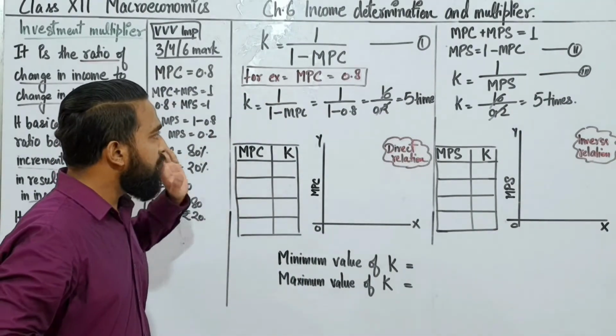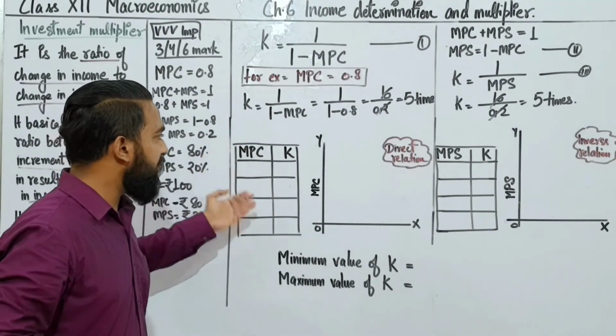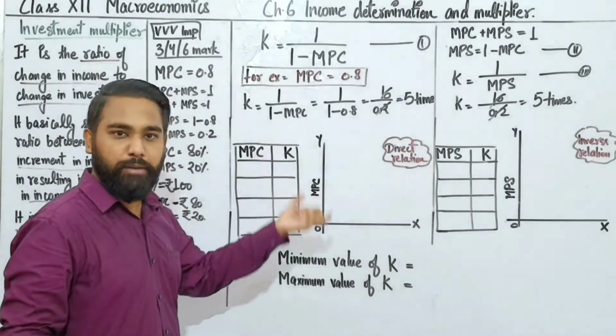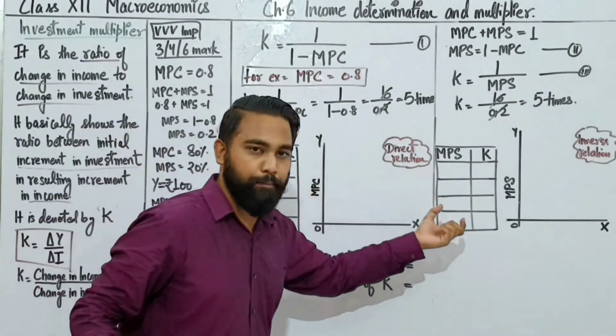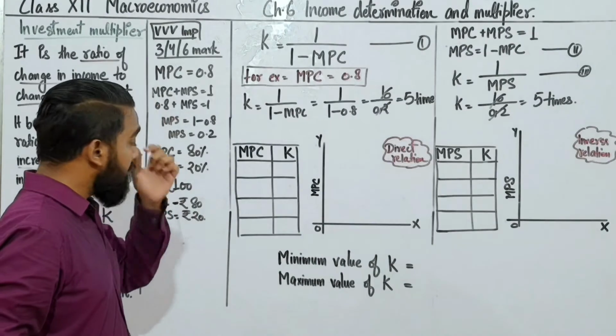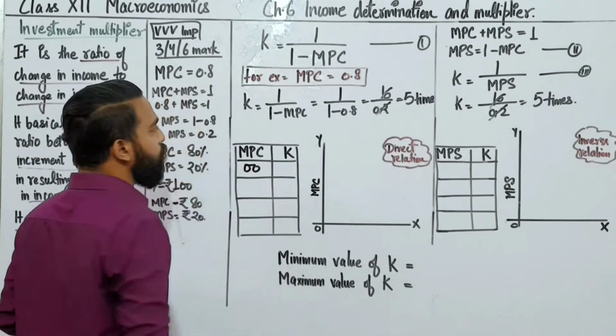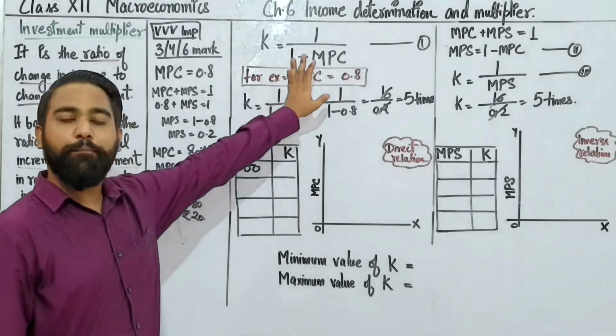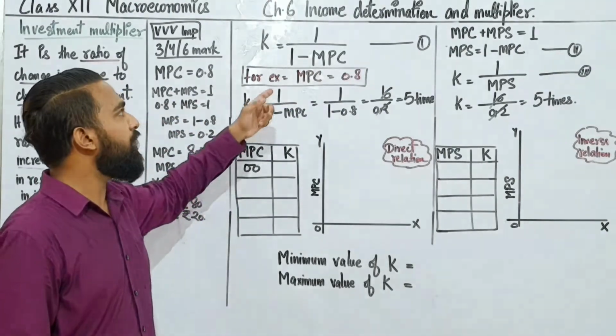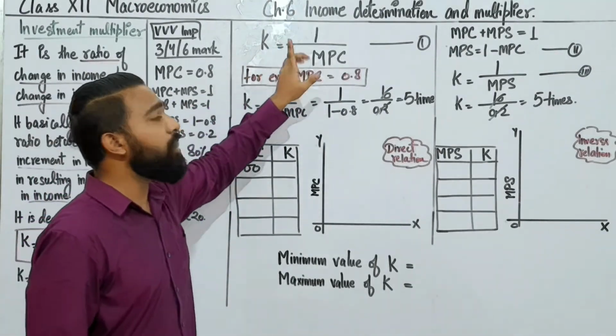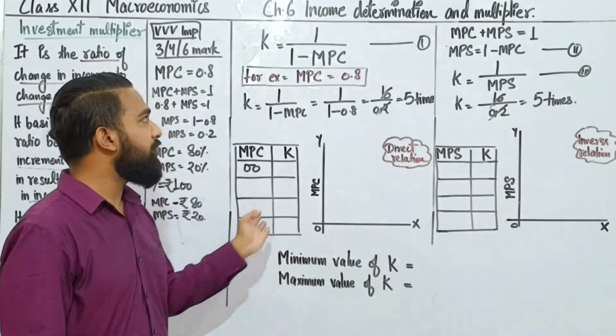Now let's see the values and the relation between the multiplier and the MPS or MPC. If I take the value of MPC as 0, what will be there? K is equal to 1 upon 1 only, that is 1.